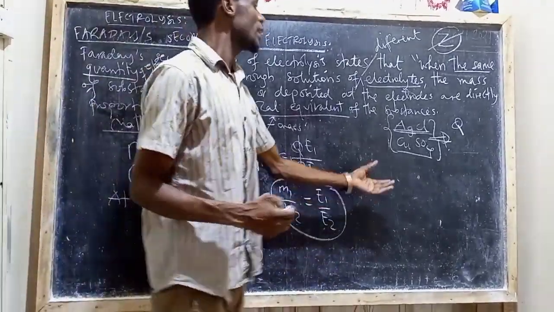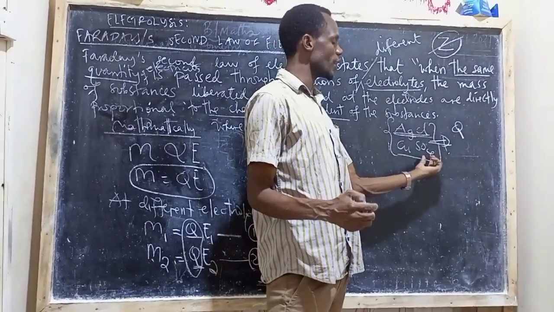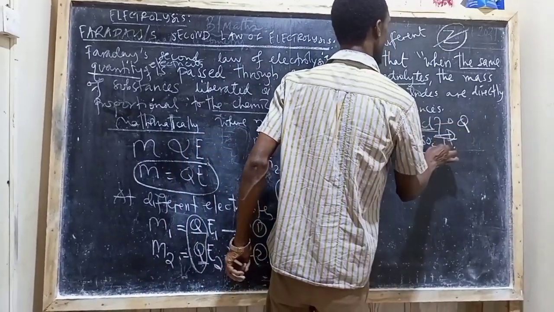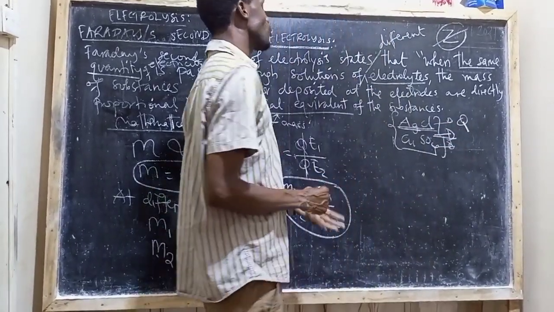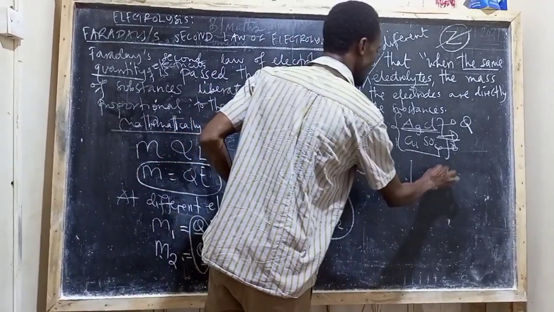As I said here, if you have the electrolyte of silver chloride and the electrolyte of copper 2 sulfate, you are just talking about two different electrolytes. But the quantity of electricity passed through them is the same. This is the first electrolyte and this is the second electrolyte.